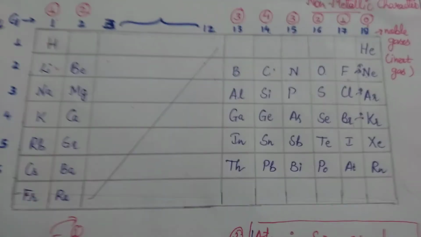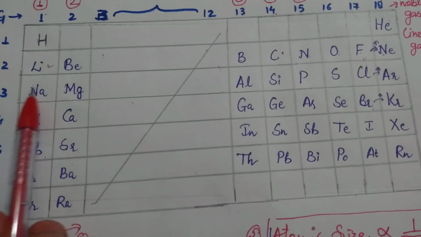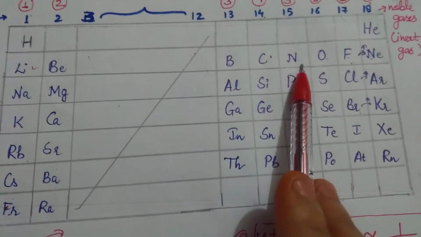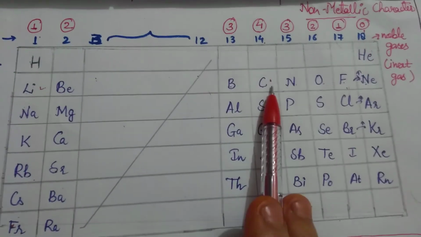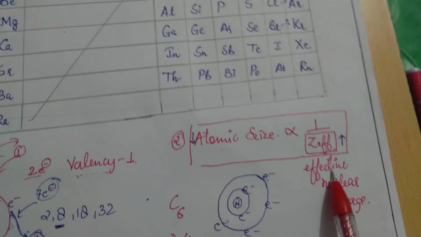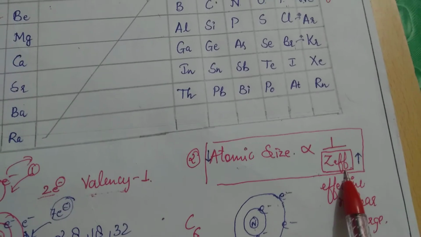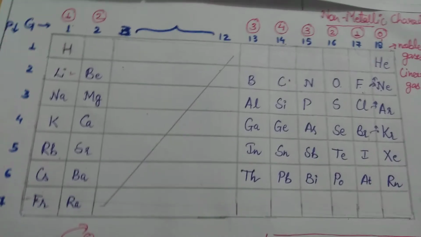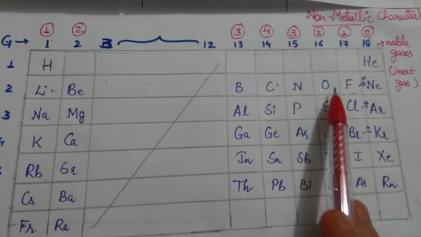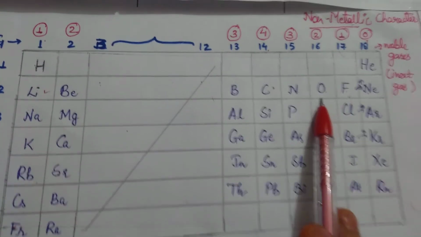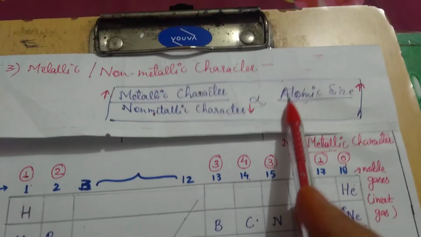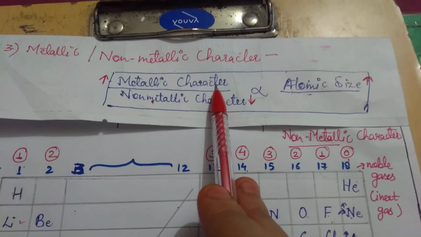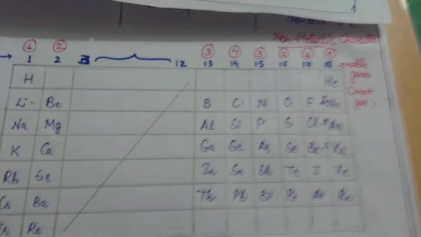Now let's see here. I told you that when we go from left to right in a period, the number of shells is the same, but the electrons increase consecutively, and if electrons increase, it means Z effective is increasing. And if Z effective, or effective nuclear charge, is increasing, atomic size is decreasing. So from lithium to fluorine, the size is decreasing. It means non-metallic character is increasing and metallic character is decreasing. I am going to repeat it again.